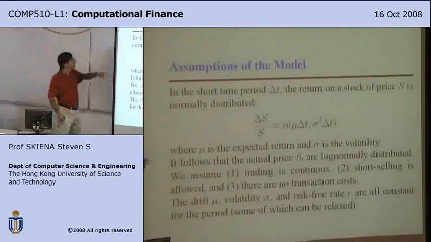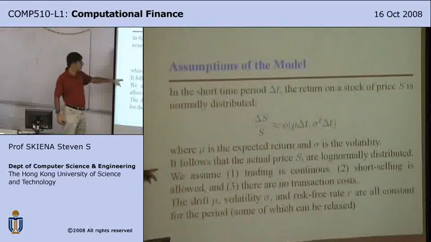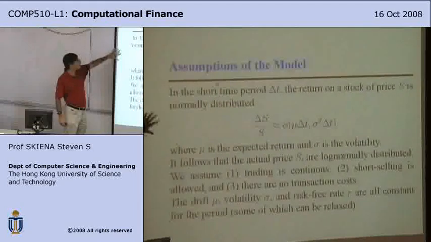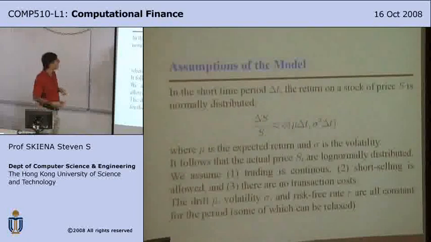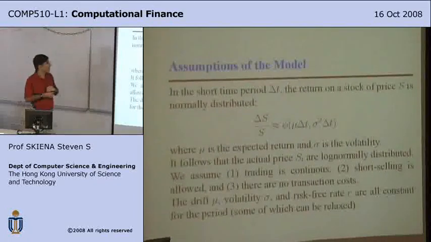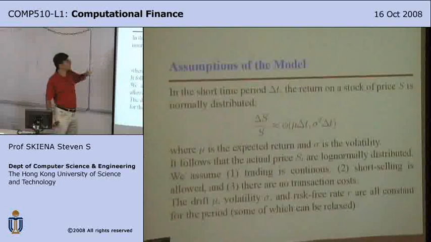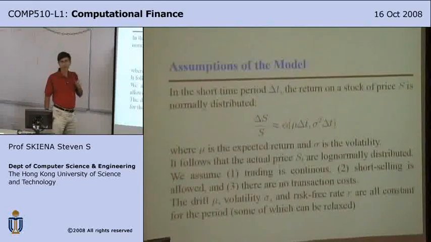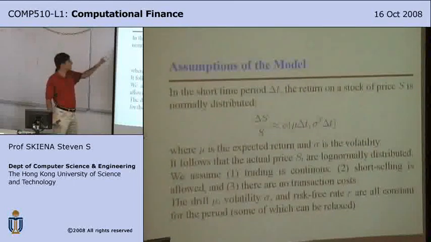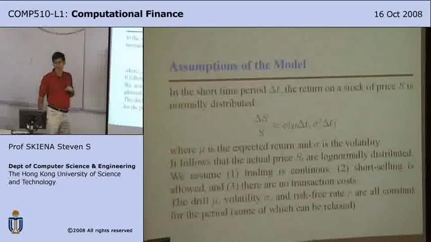It will assume, okay. So let's look at the model. The first question is that they are going to assume something about how prices are distributed. Stock prices are going to be distributed.